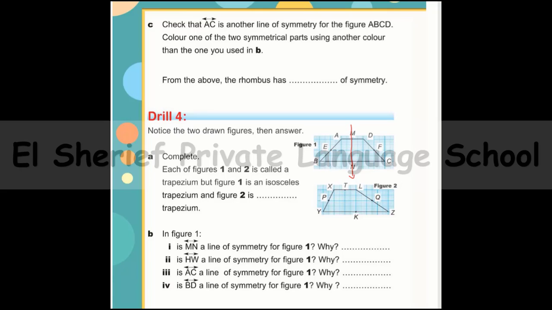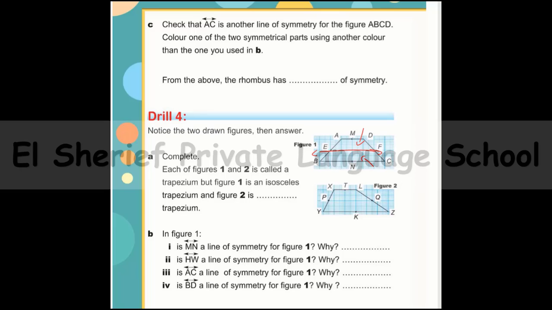But if we divide it from straight line EF, now we have two parts that are not congruent, so we can't set straight line EF as a line of symmetry.